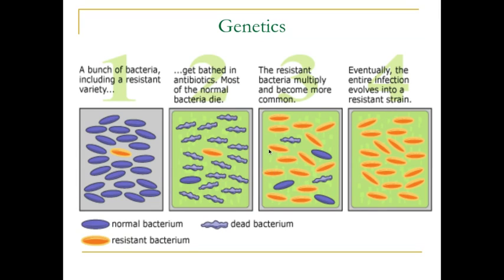And now you've cleared the way for him to reproduce and make more of him. All right. So all these squiggly ones are the dead bacteria. They decompose and break down, but now there's space for the resistant bacteria to breed and cause a greater infection.